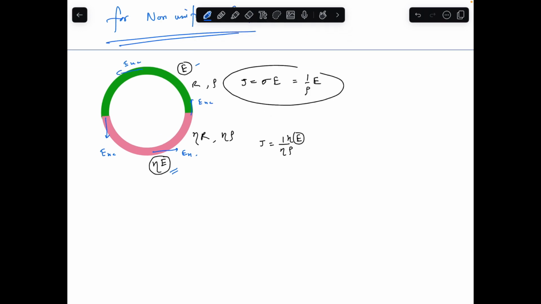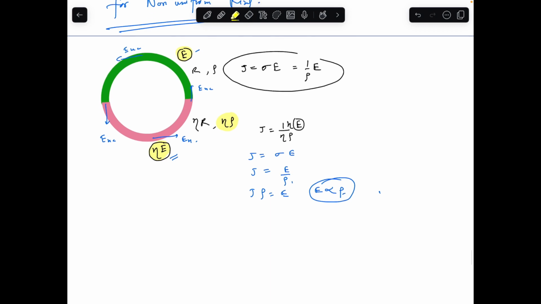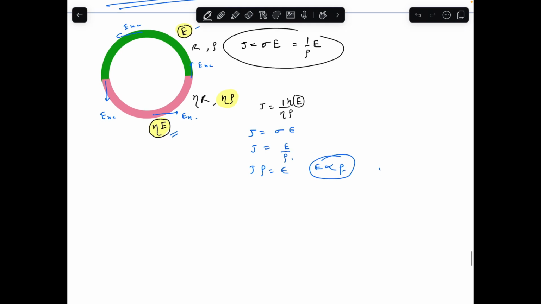Okay, clear? So basically, I just want to say that J equals sigma E, J equals E by rho. So J rho equals E. So E must be directly proportional to rho. So the below part, if it is eta times rho, the electric field will be eta times E. So now I have found there is a change in electric field between the upper and lower parts.